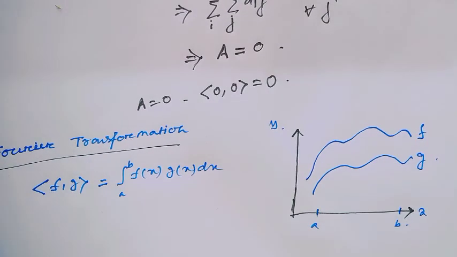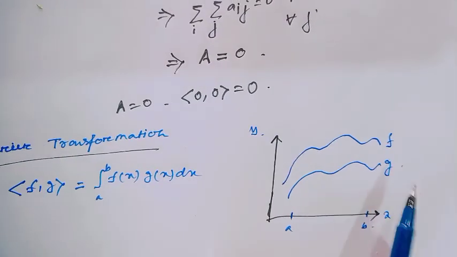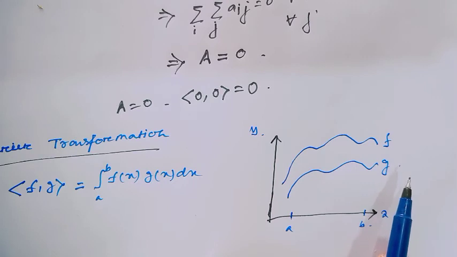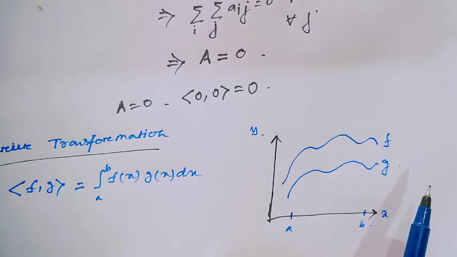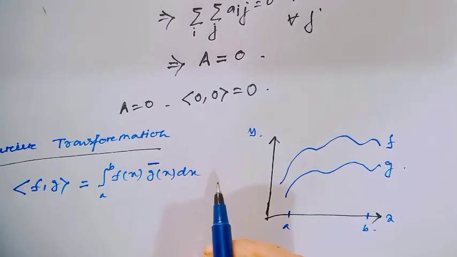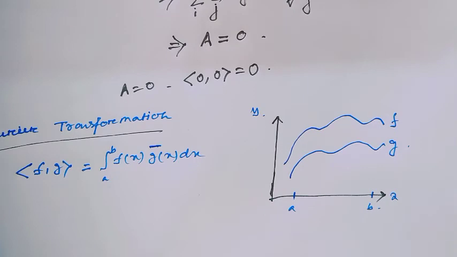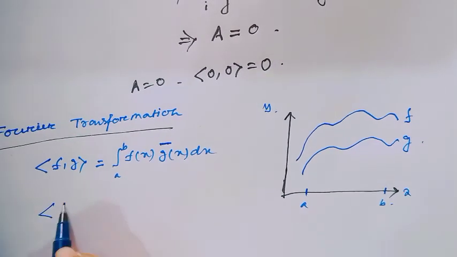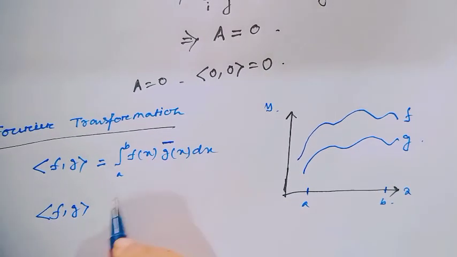Here I have considered the function as a real valued function. If we consider a complex valued function, then I will apply a bar here. But now I will check for the real valued function.